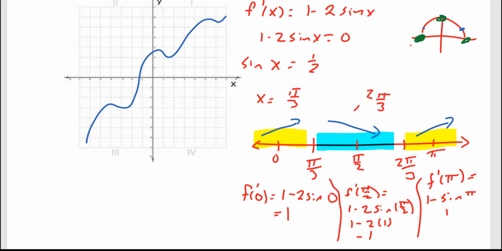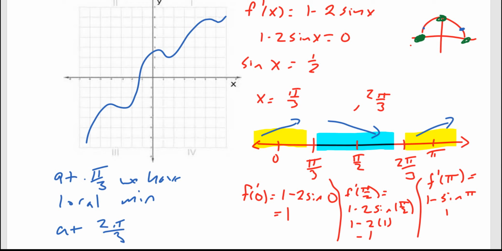So I know it's increasing here. So at pi over 3, we have a local minimum. And then at 2 pi over 3, we have a local max.